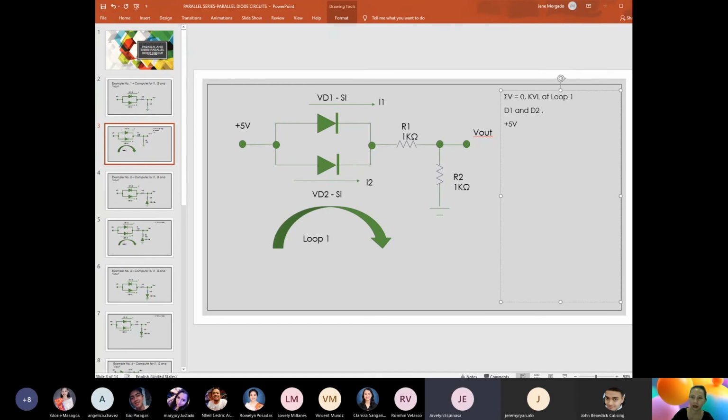Anong bias niya? Forward. Okay. D1 and D2 are forward both. So, pag forward bias, what is the voltage drop across a silicon diode? Minus 0.7. Ilang 0.7? Dalawa, ma'am.